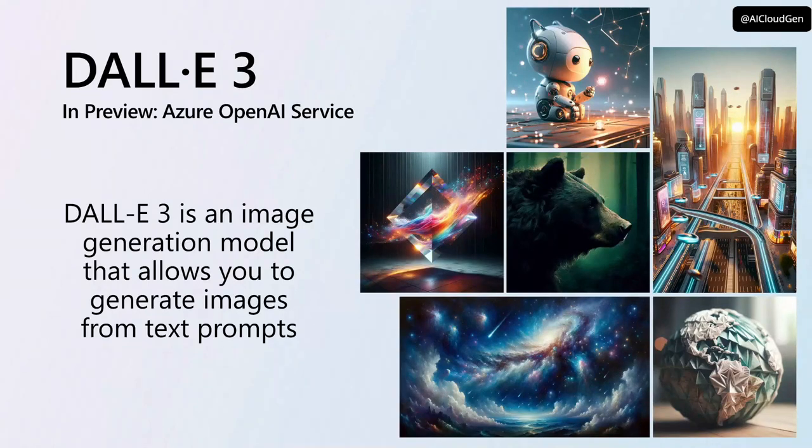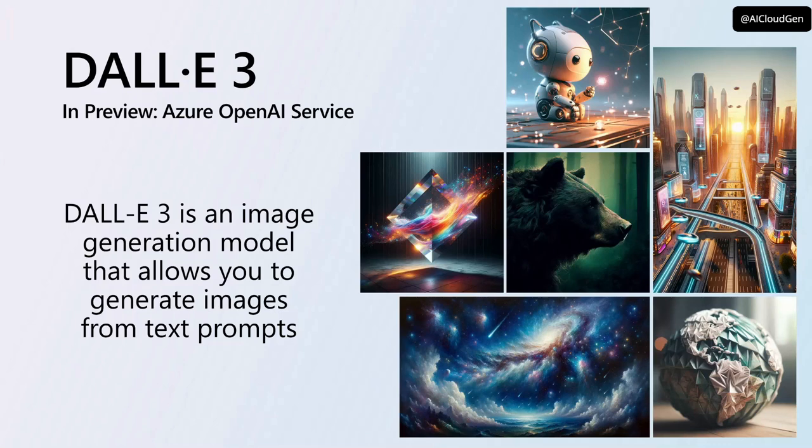Of course, we saw an example of DALL-E 3. DALL-E 3 is an image generation model that will allow you to generate images on the fly using text prompts. Keep in mind, DALL-E is in preview, and that's something to note down.